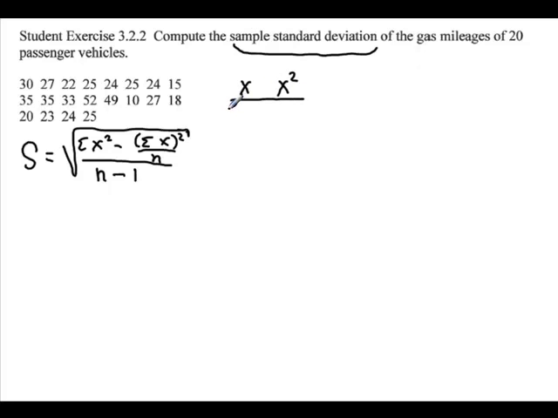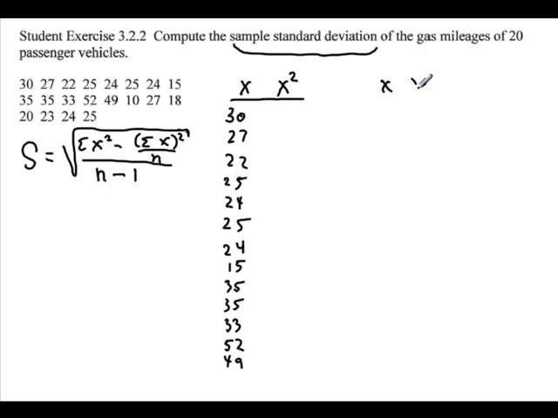So let's carefully list all of our x's: 30, 27, 22, 25, 24, 25, 24, 15, 35, 35, 33, 52, 49, and I'm running out of space here, so I might just continue x and x squared off to the other side. 49, 10, 27, 18, 20, 23, 24, and 25.